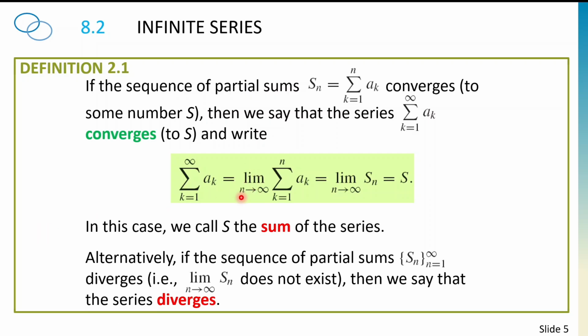So it's the limit as n approaches infinity of the sum from 1 to n, and we say this equals s. If this limit exists and equals s, we can say that this series is convergent to s. If not, if the limit does not exist, this series is divergent. Okay?